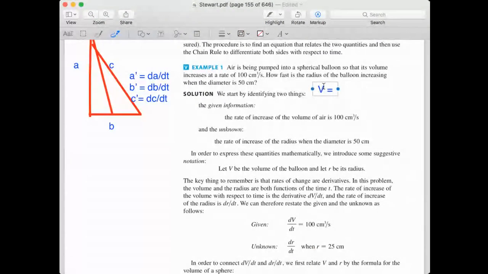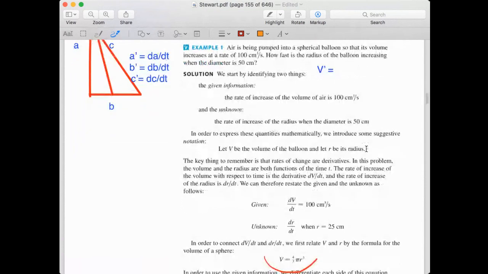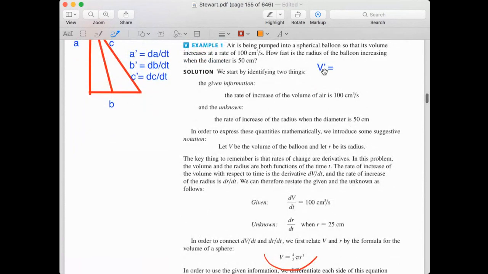Then we can talk about V prime, right? But this V prime is not dV dr. Of course, we can think about dV dr. But because we're talking about related rates, we want to see how the volume change is related to, because the question is how fast is the radius of the balloon increasing when the diameter is this much?